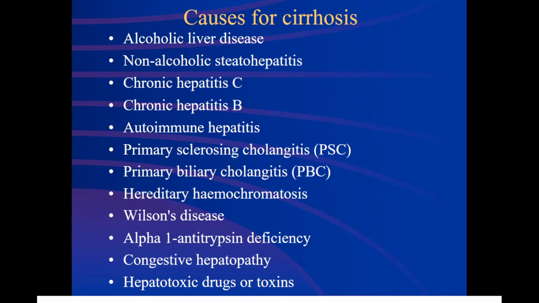Can be autoimmune hepatitis, primary sclerosing cholangitis, which I told you about, primary biliary cholangitis, also hereditary diseases, which mostly develop from childhood, and when patient comes to you, if you are doctors for adult persons, this diagnosis is already present. It can be hereditary hemochromatosis, Wilson's disease, alpha-1 antitrypsin deficiency, congestive hepatopathy, and also, candidly, you shouldn't forget about hepatotoxic drugs or toxins.